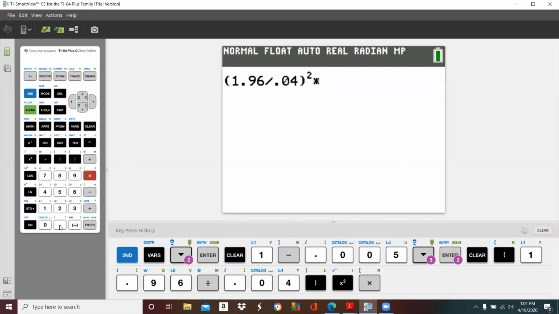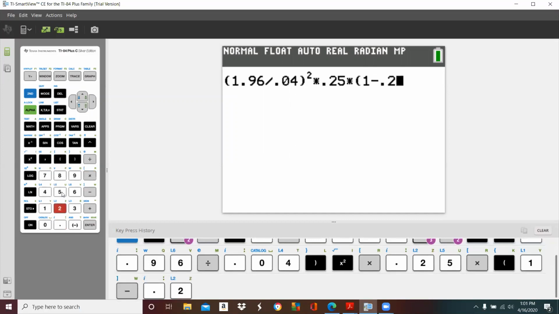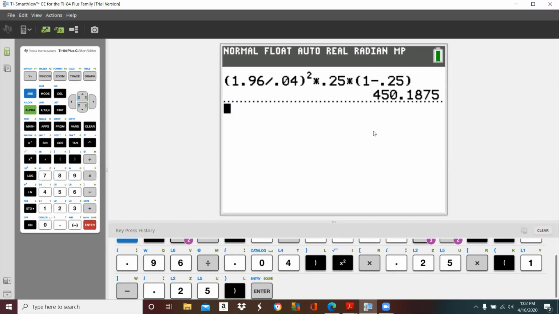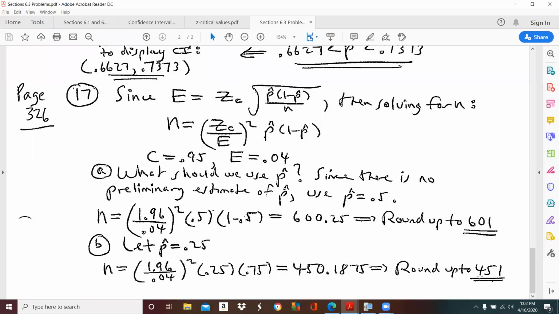times 0.25, right? That's our p hat. And then times, and let's say you didn't know or didn't want to figure out mentally what 1 minus p hat is, you could simply open up another set of parentheses and do 1 minus p hat, in this case 0.25, close parentheses, and now you hit enter, and there's your answer, 450.1875, and you round up to the next whole number, 451, and that's what we got.